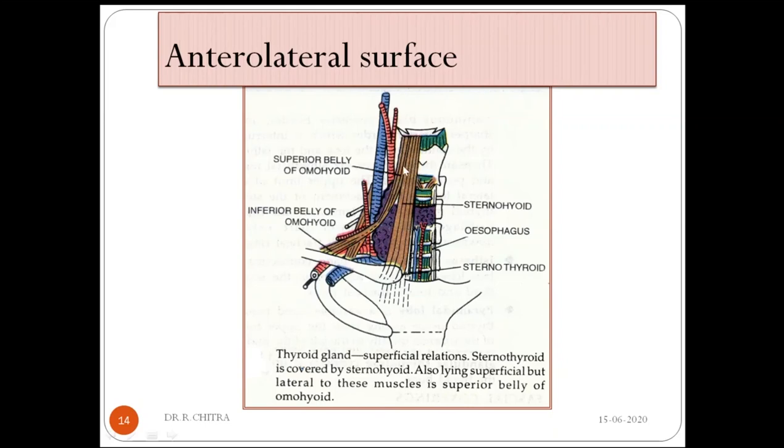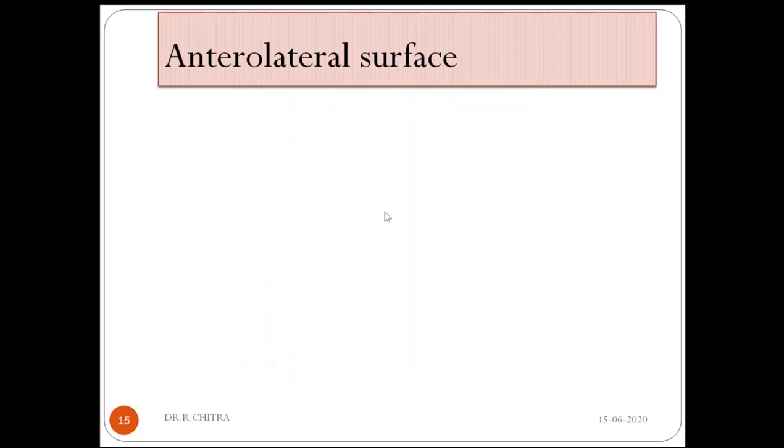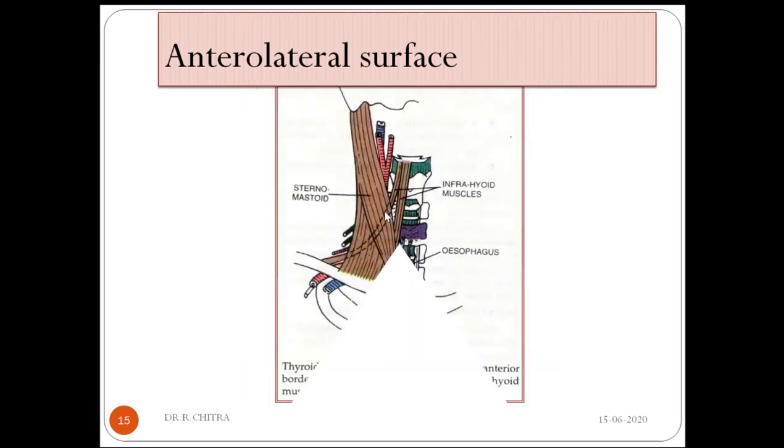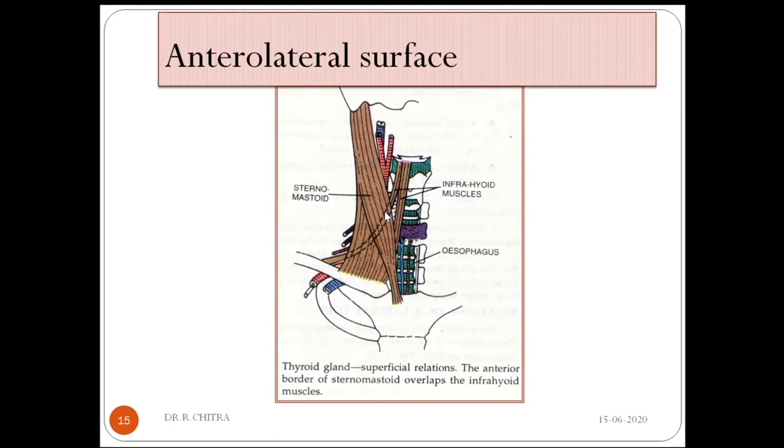This is the sternohyoid muscle and this is the superior belly of omohyoid muscle. So what is the next muscle which will be covering all these strap muscles? Sternocleidomastoid, a part of sternocleidomastoid.